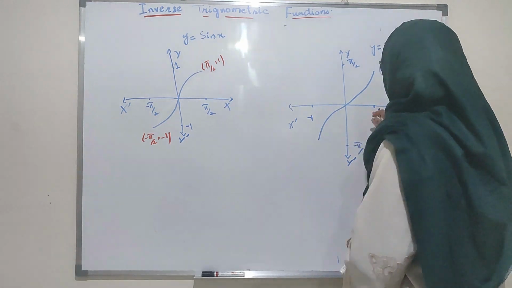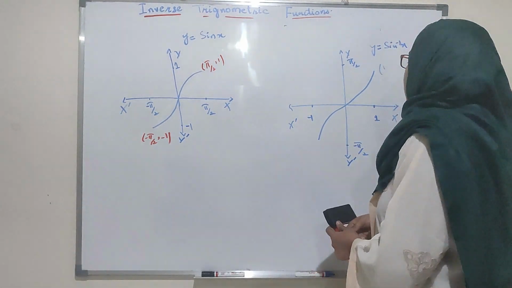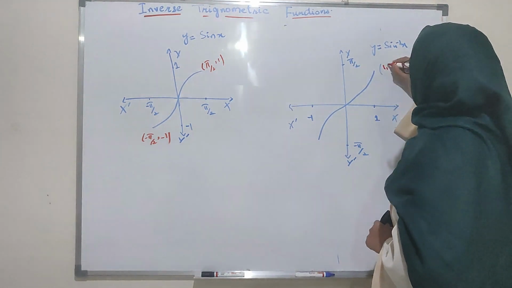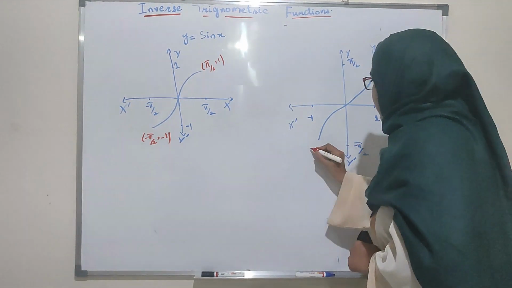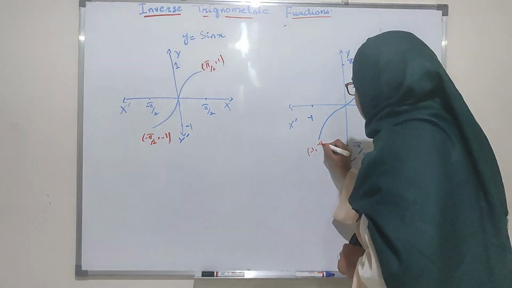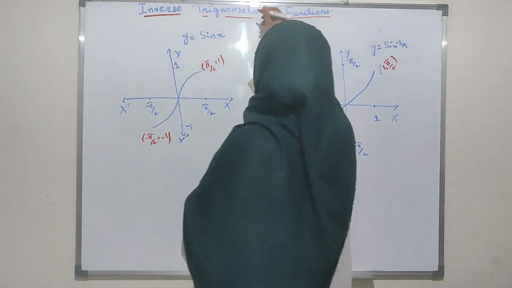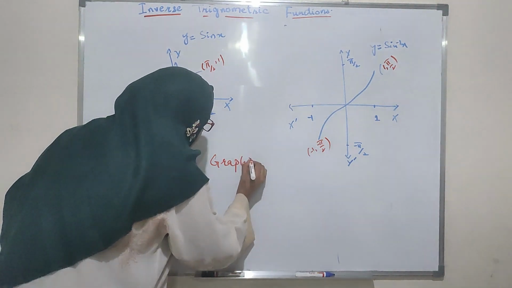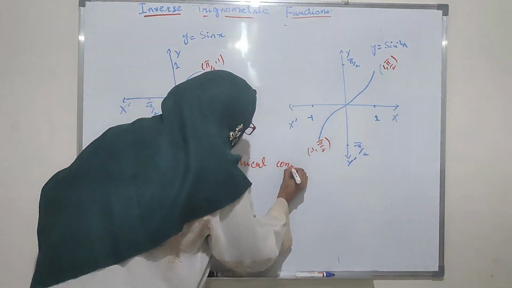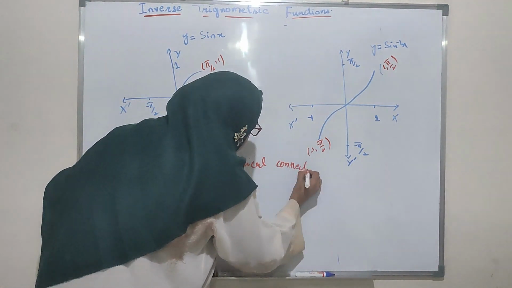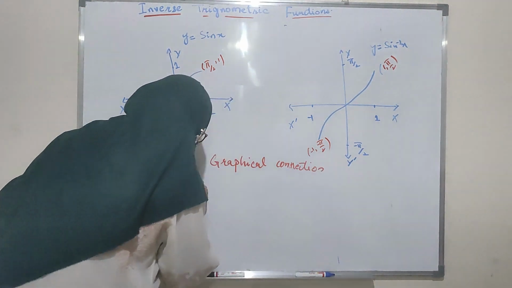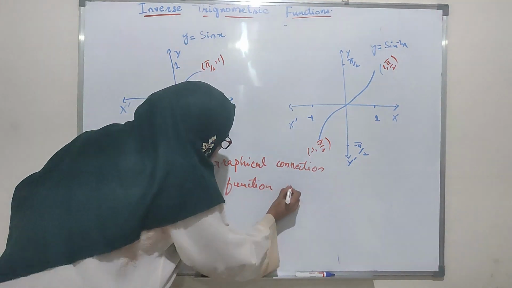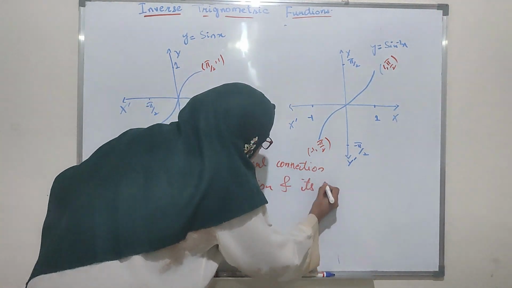Here on the x-axis you have 1 and on the y-axis you have pi by 2, and here minus 1 and minus pi by 2. So this is the graphical connection of a function and its inverse.